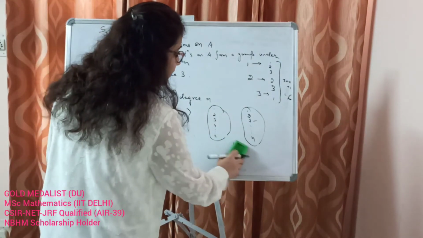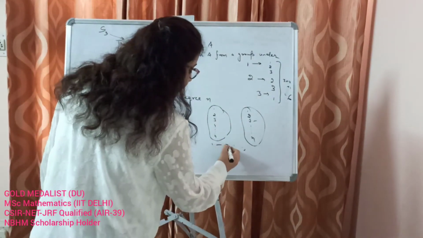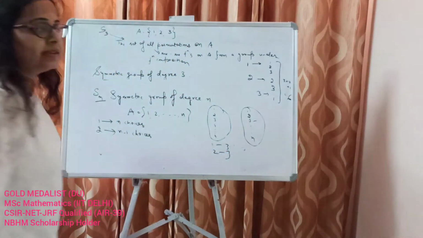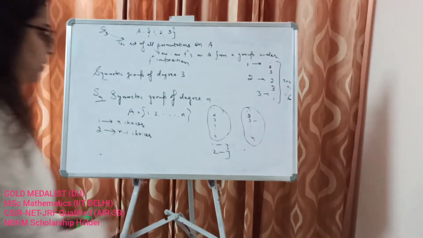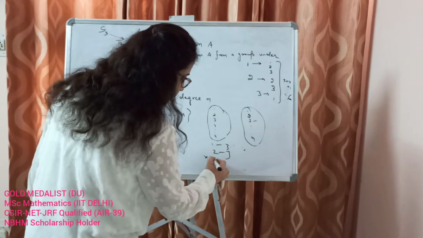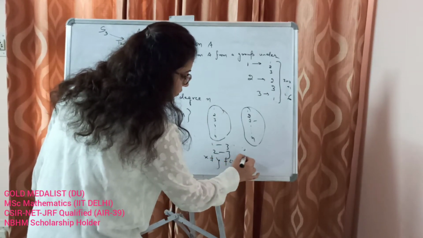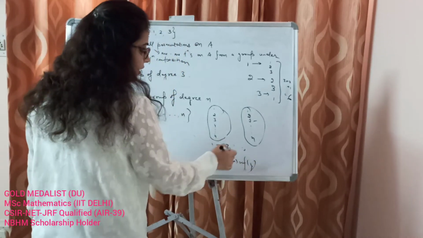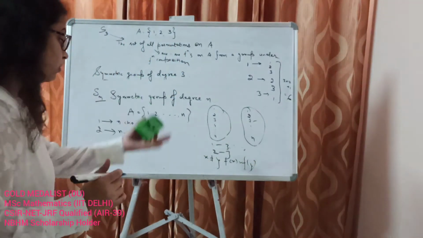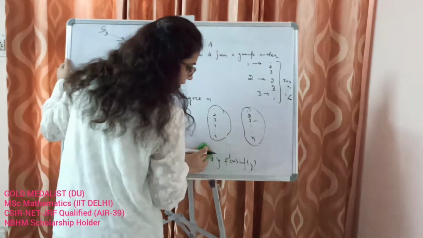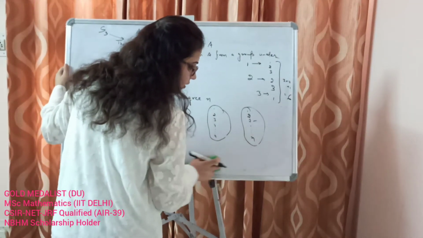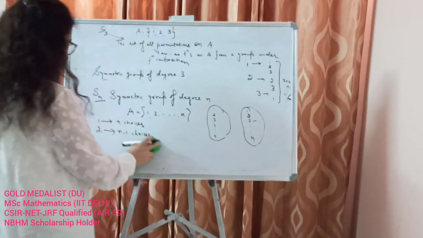Because if 1 goes to 3 and 2 also goes to 3, is that function 1,1? No, because here we have a pair of non-equal elements such that f(x) equals f(y). F of 1 is 3 and f of 2 is 3. So this is not 1,1 in that case. Hence every time we calculate the choices for each element in the domain set, we decrease the value by 1.